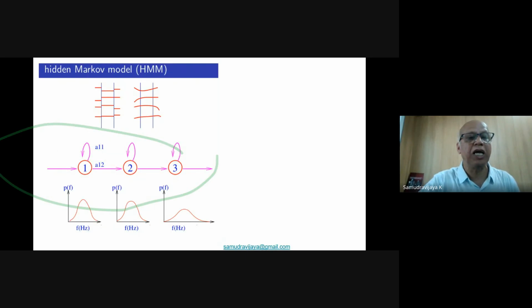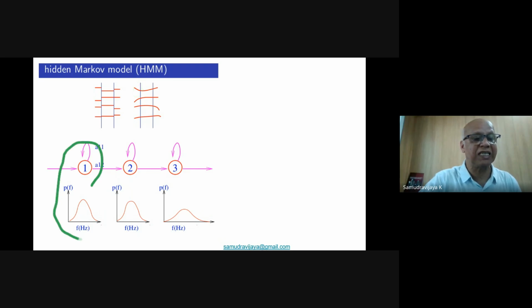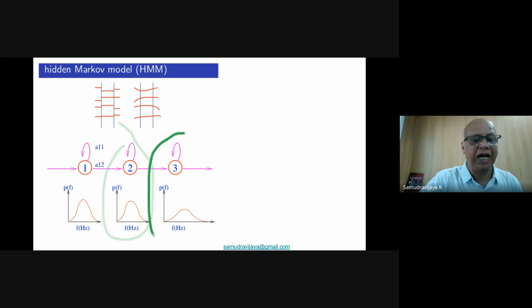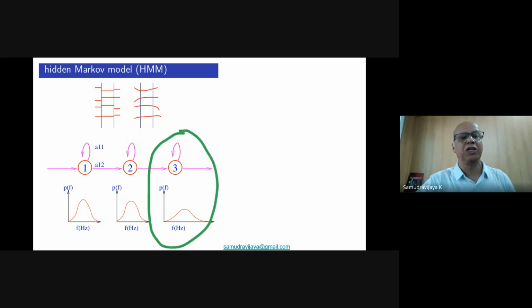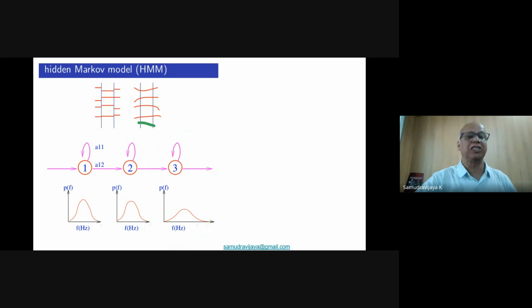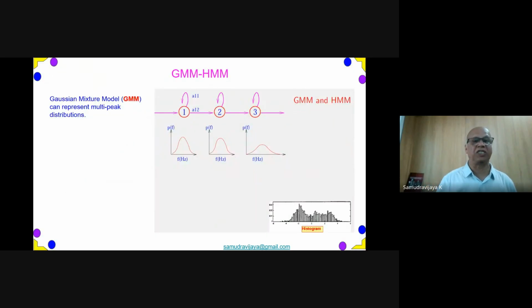Within each state, formants are again varying. Therefore, associated with each state there is a probability distribution. So there are three states, therefore three probability distributions, and the duration of the middle segment is longer, therefore there are certain transition probabilities and so on. So the hidden Markov model represents each speech sound as a sequence of states.